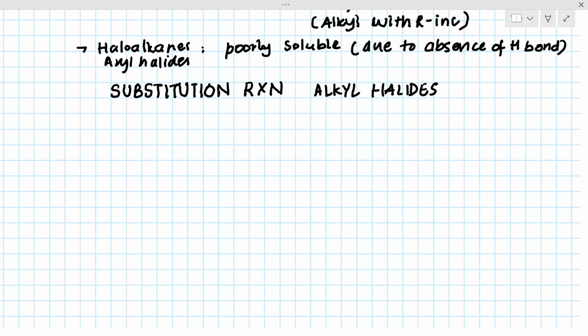Which are the substitution reactions shown by alkyl halides? They show nucleophilic substitution.